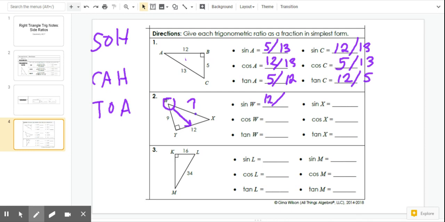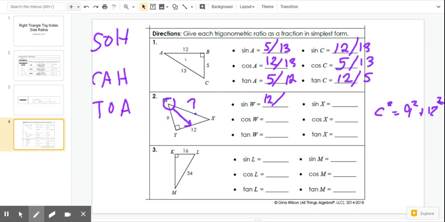Well, we're going to need to use the Pythagorean theorem. So in order to find that hypotenuse, we have to use a squared plus b squared equals c squared. So let's call the hypotenuse c. So c squared equals 9 squared plus 12 squared.